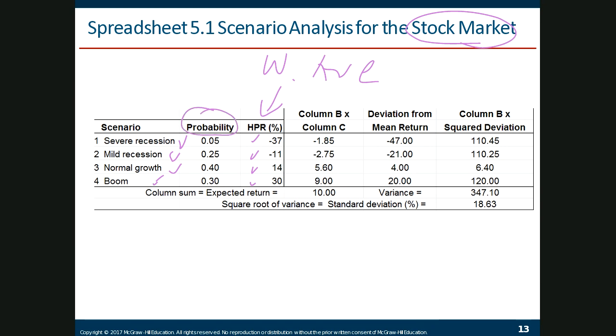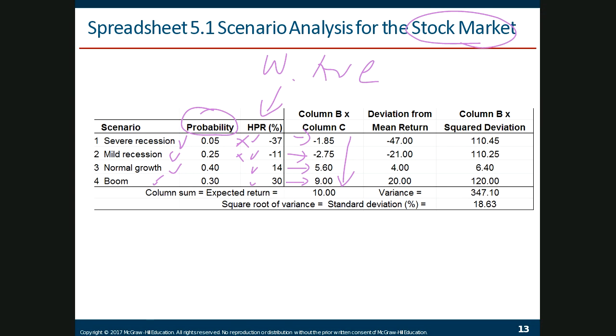It means that you are going to multiply 0.05 to this -37, 0.25 to this -11, and so on and so forth. From multiplying the first two columns, you're going to get -185, -275, and so on and so forth. So if you add these all up, you're going to get 10, and that is your weighted average.